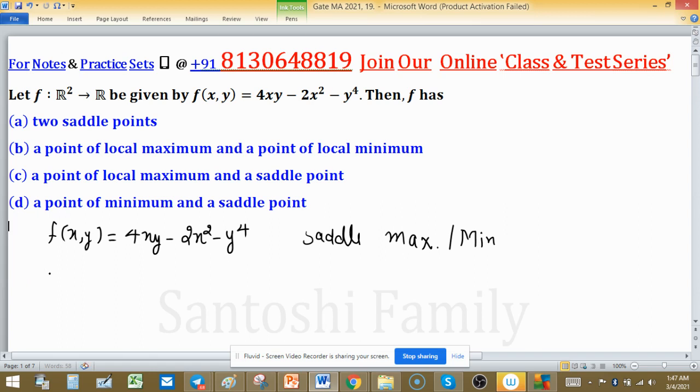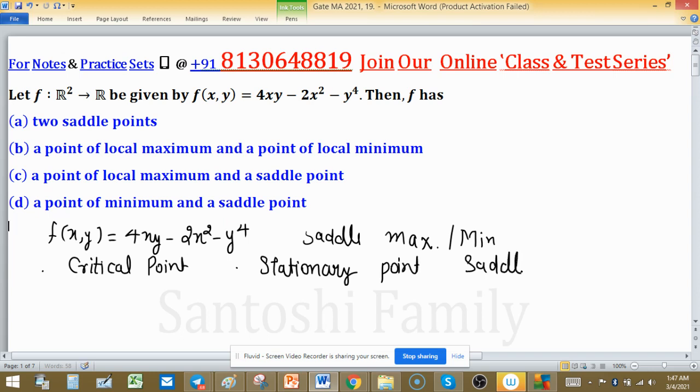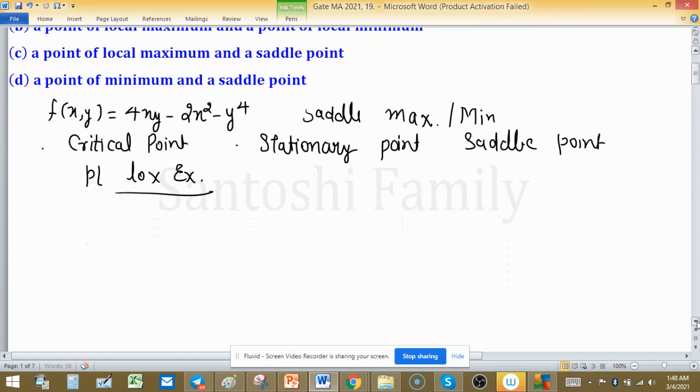Basically, to solve this problem, we should first know a few things: what is a critical point, stationary point, saddle point, and point of local extreme.